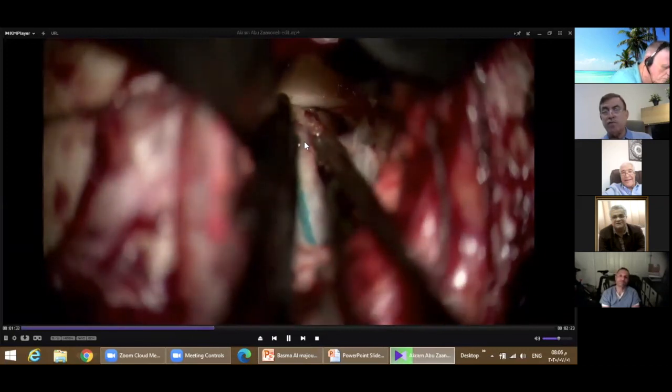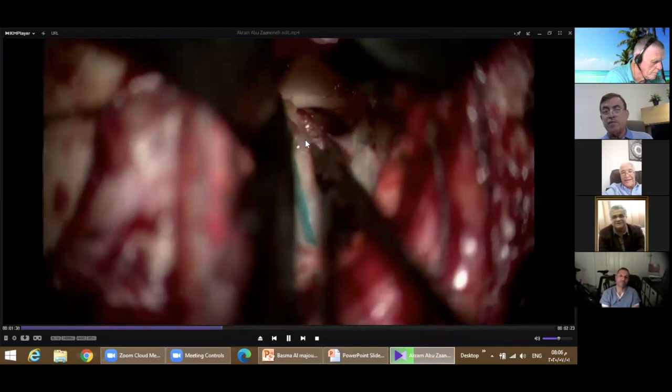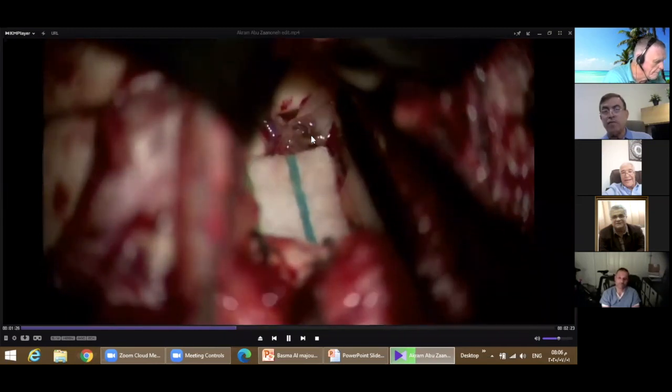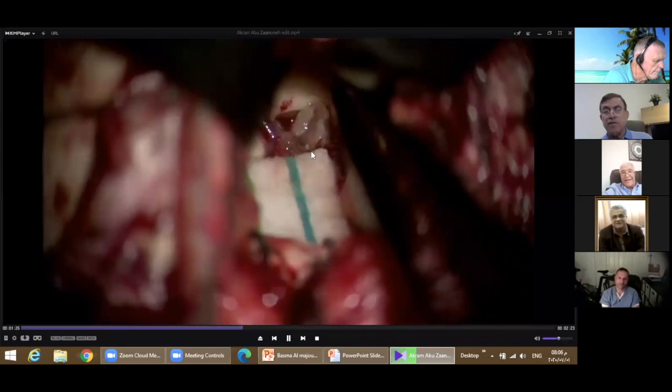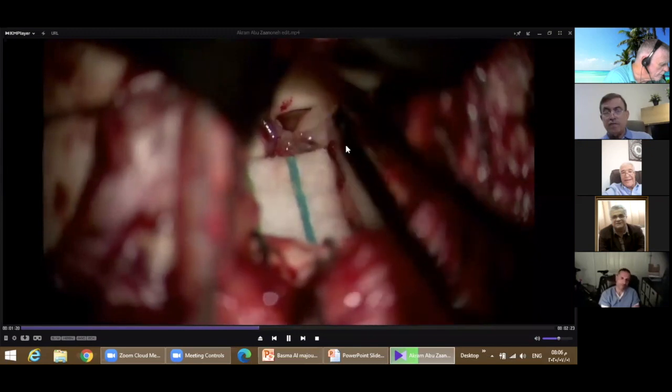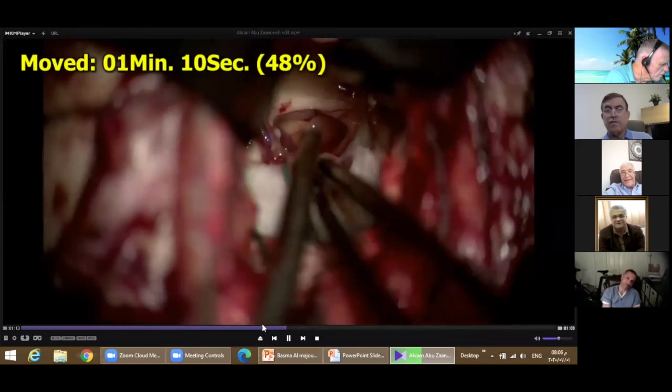Remove the bone, remove the dura. And this is Simpson grade 1 in colloid cysts, that you have to remove them completely so that you will prevent recurrence. So this is the capsule, and you have to remove it to get a very good result.